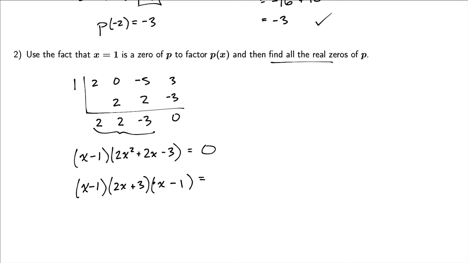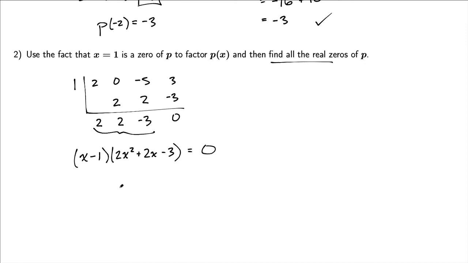So if we were to flip it around, well, we'd need to add 3 and then minus 1. And that's not going to work either because that's going to give us a 6x, a minus x. That's going to be a plus of 5x. So it looks like it doesn't factor. All right, so now that we're sure that we're not going to factor, let's go ahead and use the quadratic formula.